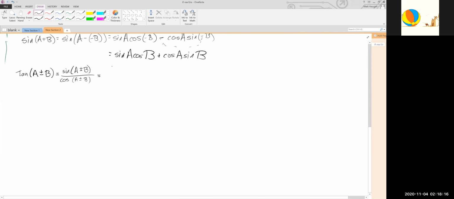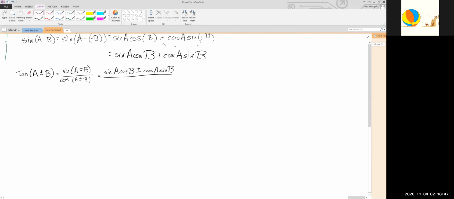We know the sine of A plus or minus B, whether it's plus or minus, is still the same pattern of sine, cosine, cosine, sine. So it'll be the sine of A cosine of B, and when this is positive, that'll be positive; when this is negative, that'll be negative, cosine A sine B. So that's what's going to happen on top.